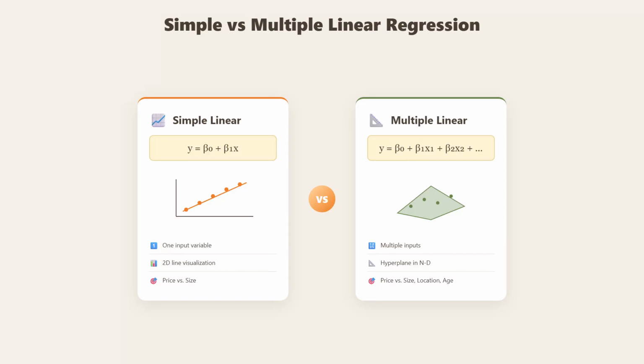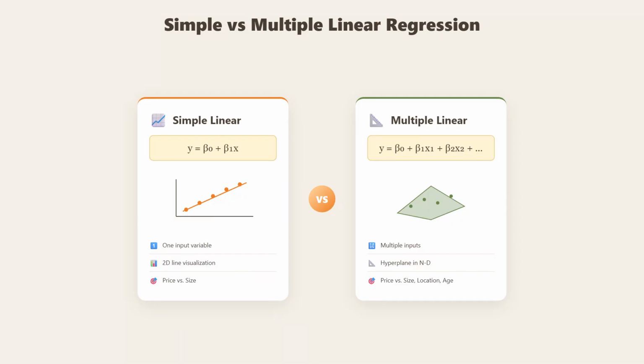But what happens when price depends on multiple factors, like location, number of bedrooms, and age of the house? That's where multiple linear regression comes in. The equation extends to y equals beta 0 plus beta 1 times x1 plus beta 2 times x2 and so on for as many features as you have.